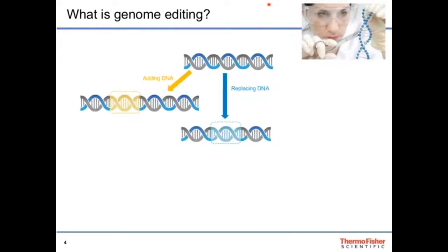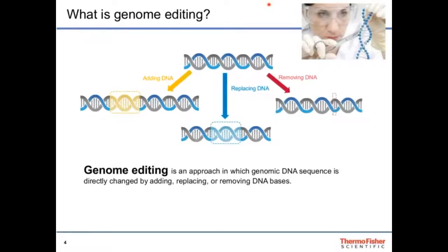We can also replace existing DNA and either repair or create mutations, as small as single-base mutations. We can also remove some DNA as well. And so we'll go into a lot more detail about using these editing tools and using the cell's repair machinery to easily create knockouts in genes.